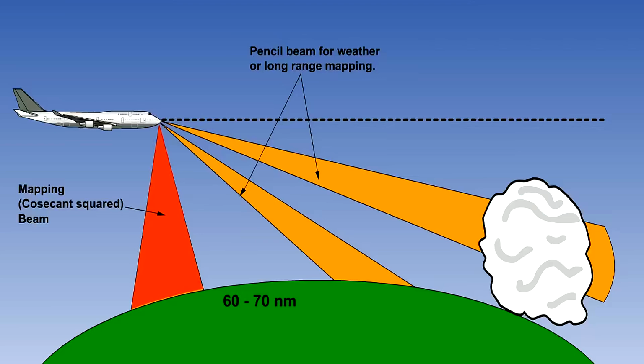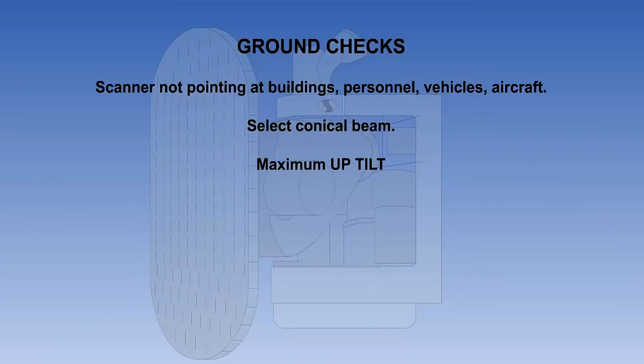It shows large areas of ground ahead of the aircraft. For ground mapping at greater ranges, the conical beam should be used. When checking the equipment prior to flight, check that the scanner is not pointed at buildings, personnel, vehicles and aircraft. Then select conical beam and maximum up tilt.